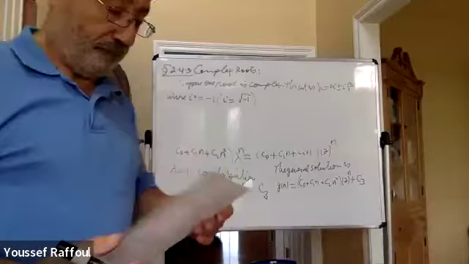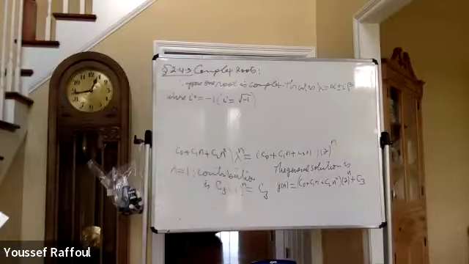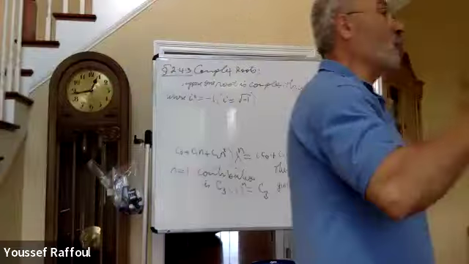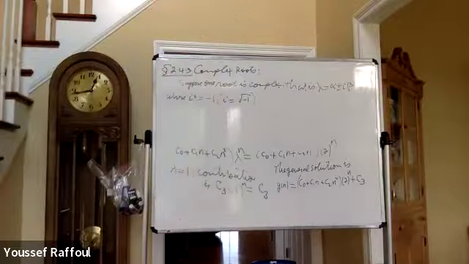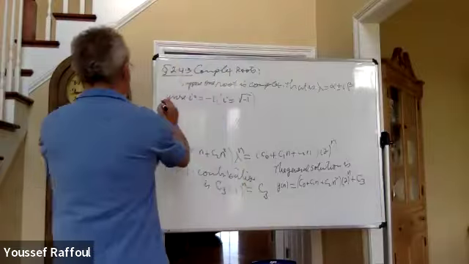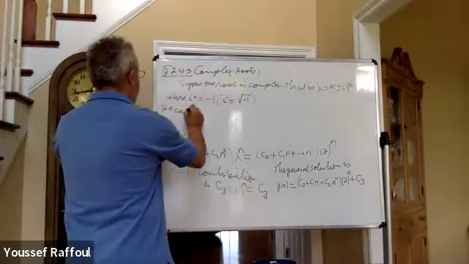Okay? So we're gonna assume one lambda, one eigenvalue, only one eigenvalue, because they come in pairs. They are complex.